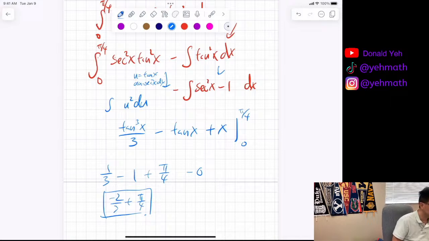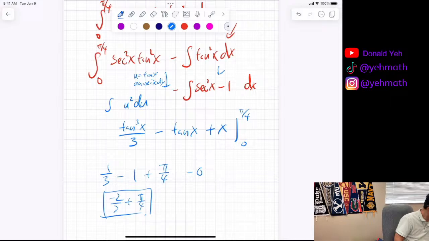I changed that into secant squared minus 1 squared. I expanded that. And then I pulled this 1 out. And then here, secant squared minus 1. That means you get secant to the fourth x minus 2 secant squared x plus 1.